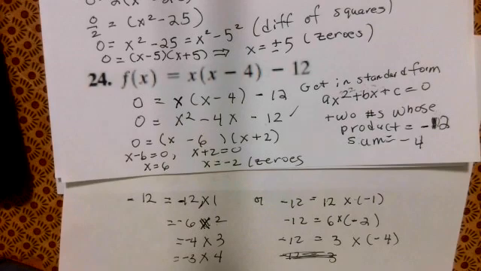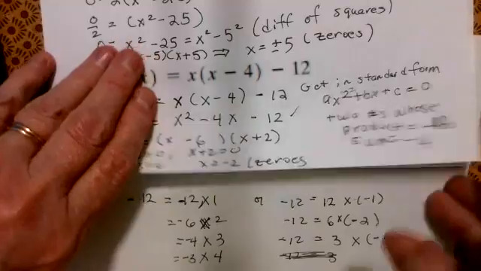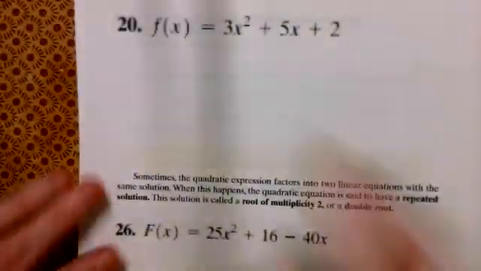Let's look at our next example. Here we go. We want to find the zeros again. We're still finding the zeros.